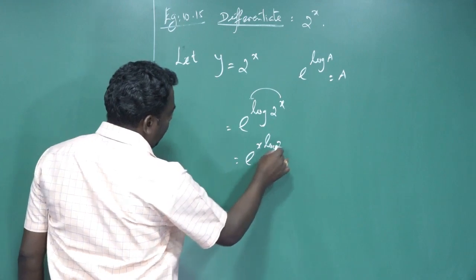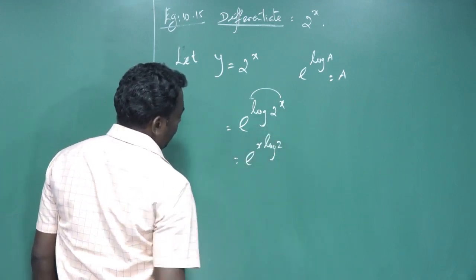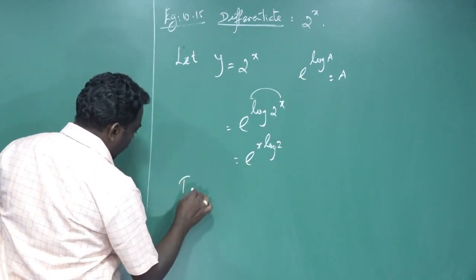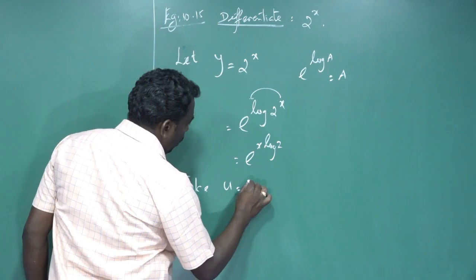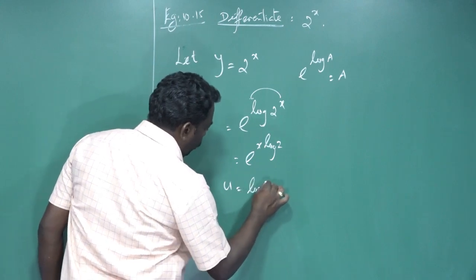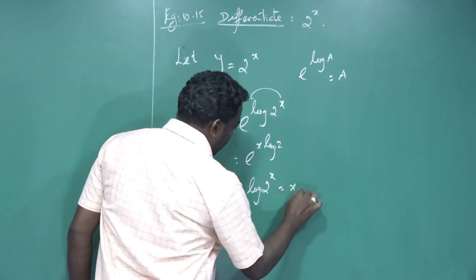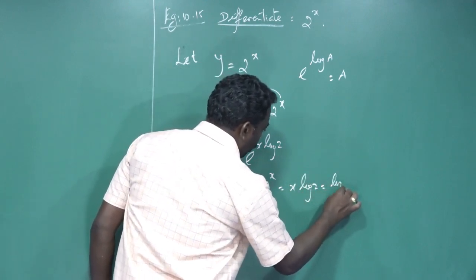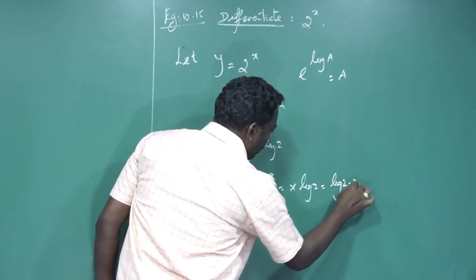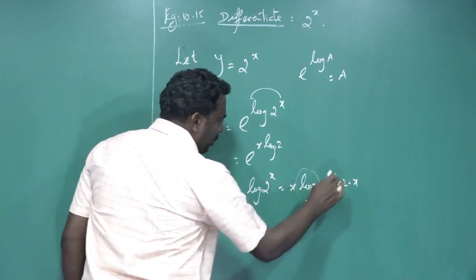Now here we take the term within the bracket, the power term of e, as u. Take u equal to x into log 2, that is equal to log 2 into x, because log 2 is a constant coefficient term and x is the variable here.